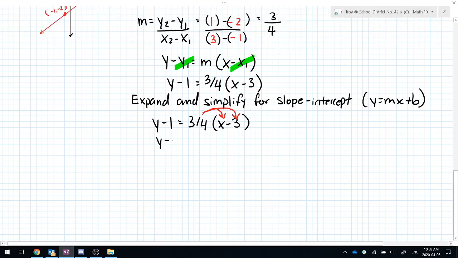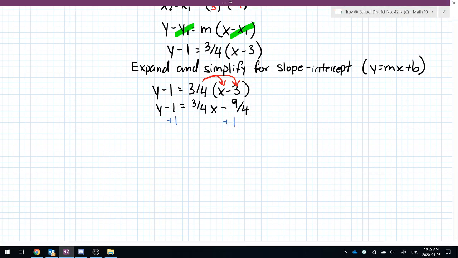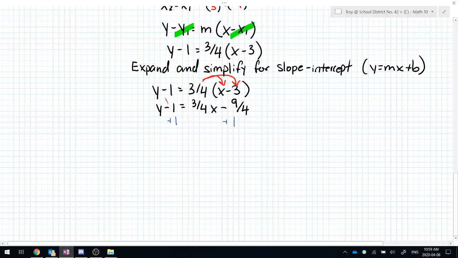So we'll get y minus 1 equals 3/4 x minus, 3/4 times 3 gives us 9/4. And then to both sides, we want to add 1. So we do that, and those cancel.